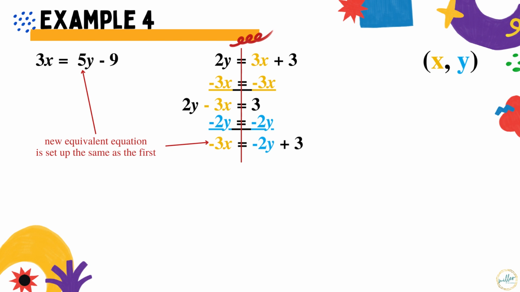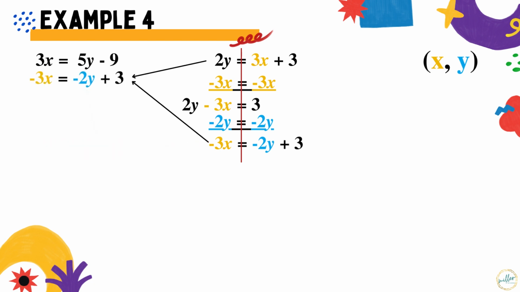Remember, that was our original goal, to get both equations set up in the same way so that we can eliminate one of the variables. So let's take that new equation and put it right underneath the first equation. And now we can see that we have a positive 3x and a negative 3x. So now we can go ahead and add those two equations together and eliminate our x terms.